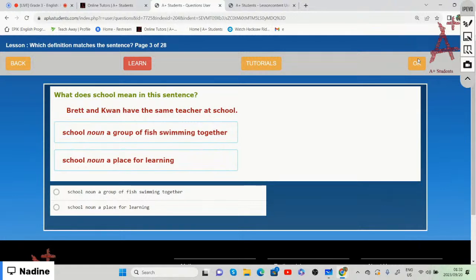So which one is it? So is that a group of fish swimming together or a place for learning? All right, so in this case, the word school over there is a place for learning.